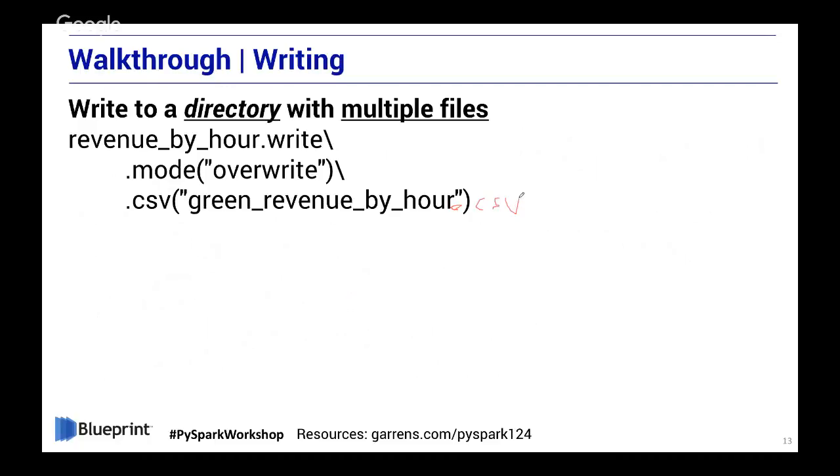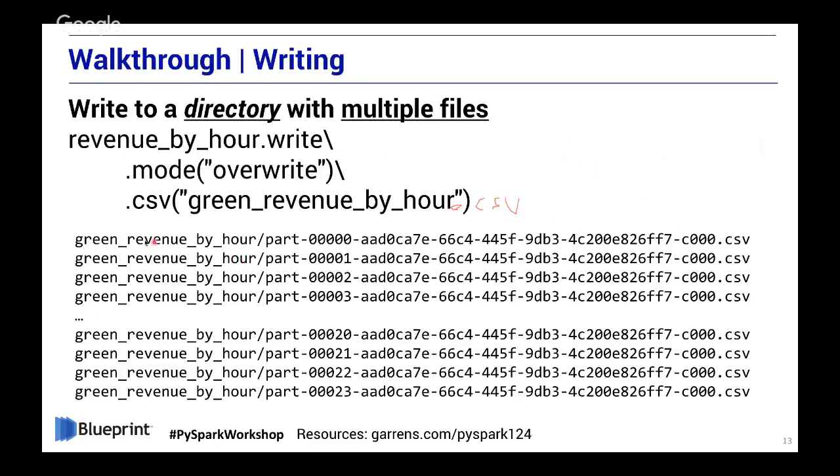Spark will still write this out. Even if you did that, it would still write out to multiple files. And that's just because remember that you're sending all this work through a cluster. If you wanted it to write out to just a single file, you'd have to bring it back to the one machine that you have, your driver, collect it, and actually write it out using Python directly or pandas, for example.